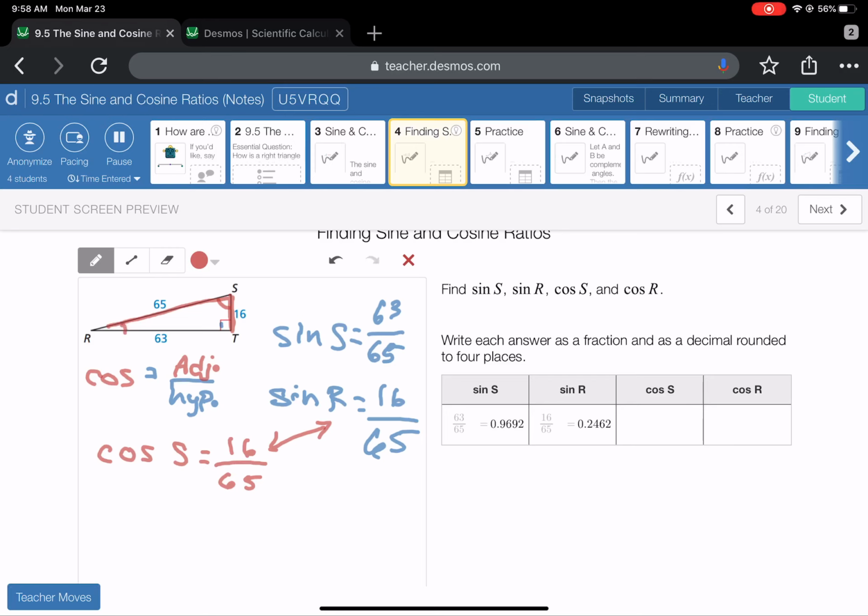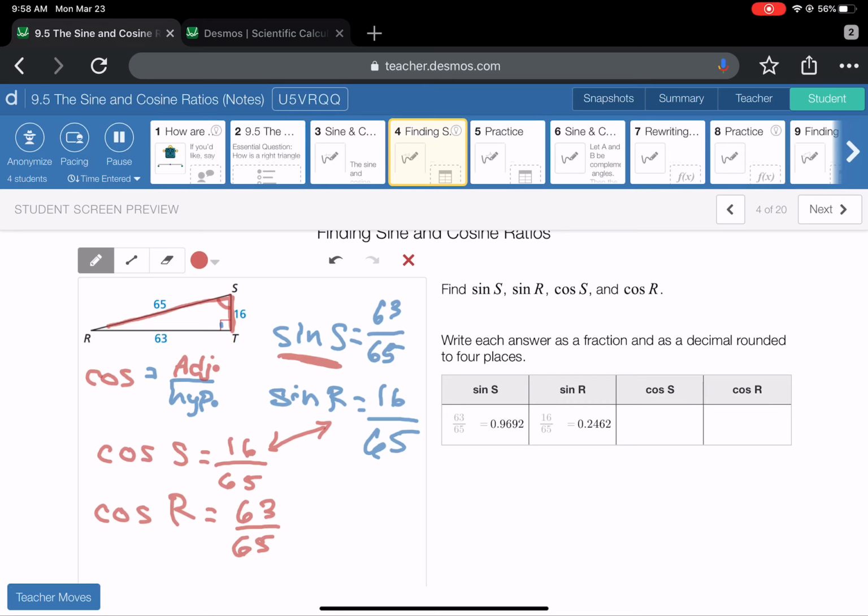So the sine of S will be the same as the cosine of R, or the other way around. So without even solving it, cosine of R is going to be the sine of the other angle, angle S. So we're expecting it to be 63 over 65.